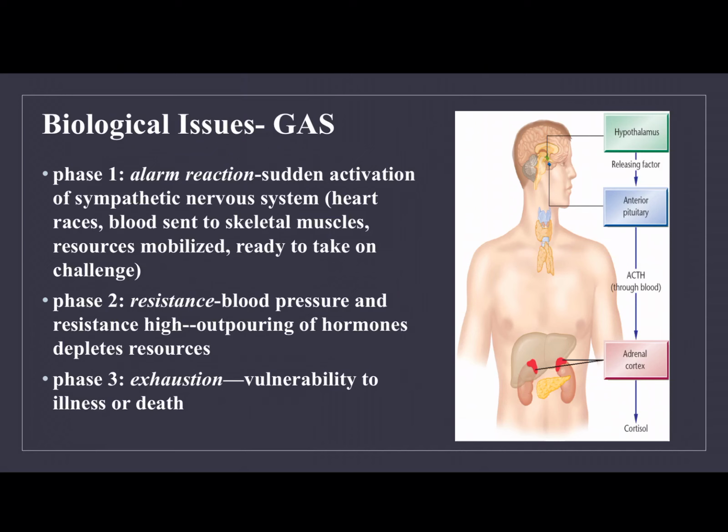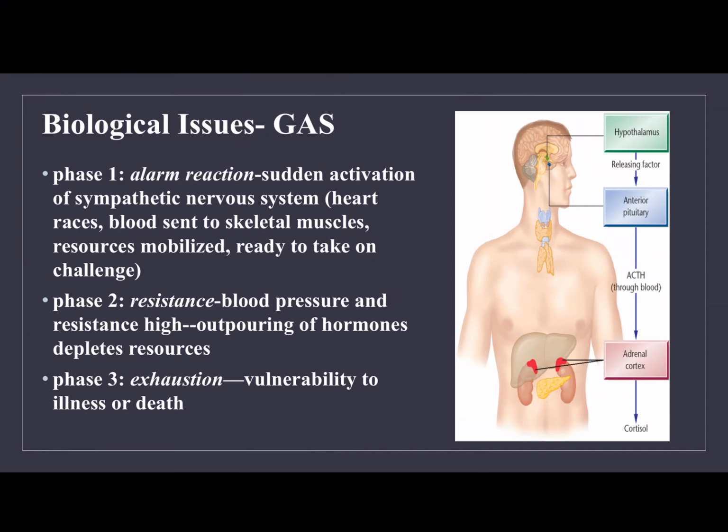Your heartbeat is going to speed up, you're going to have more blood sent to your skeletal muscles, and all of your stress hormones are going to be produced. So your body's going to have more adrenaline within the system, more cortisol. And so that's the initial, first response to that fear, that stressful trigger that's in your environment.